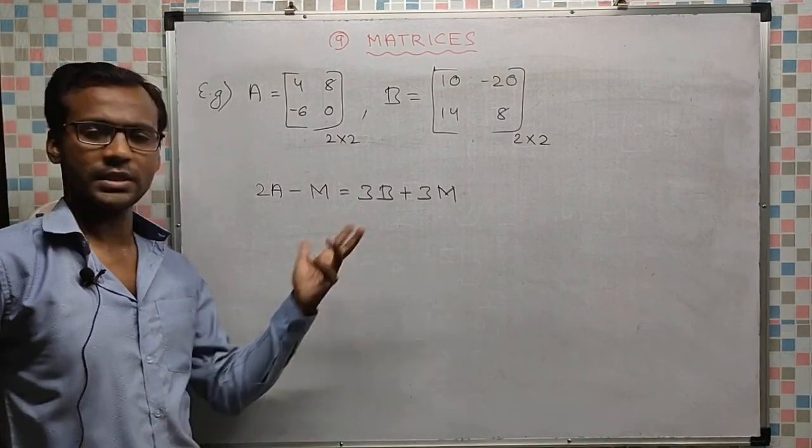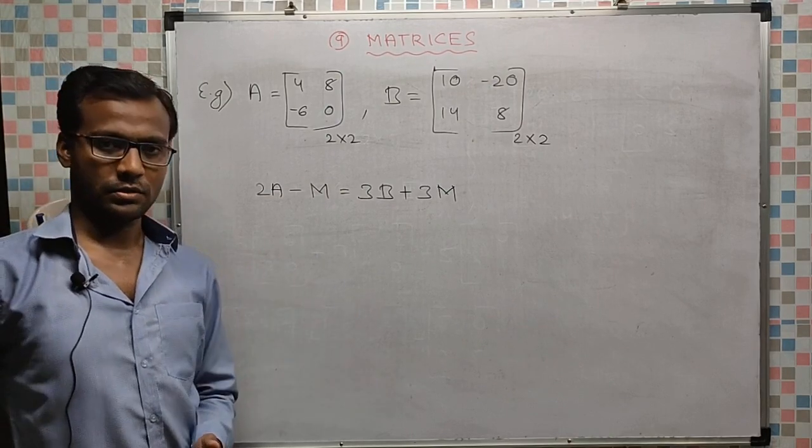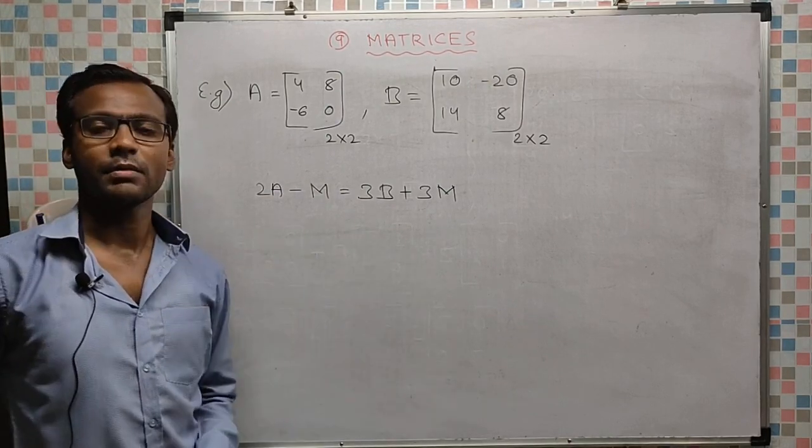M is a matrix of the same order, 2 by 2, and we have to find it. Our task is to find the matrix M.